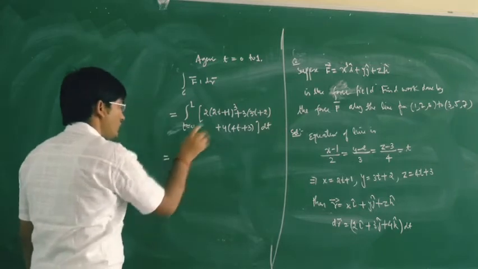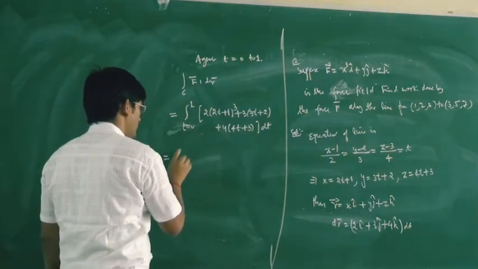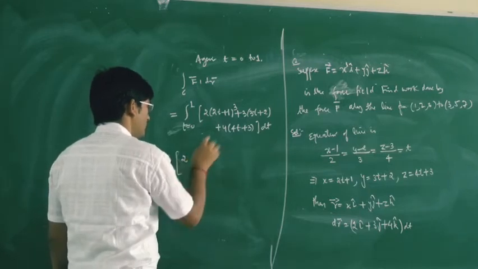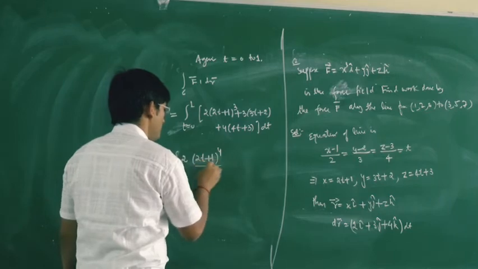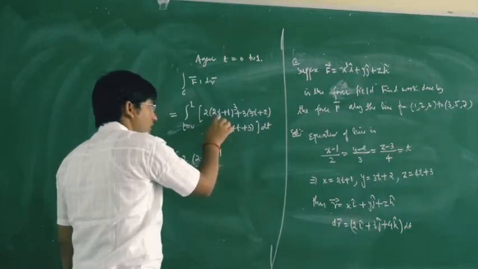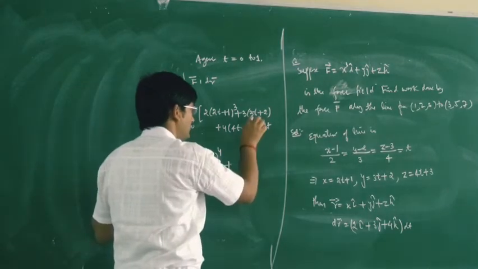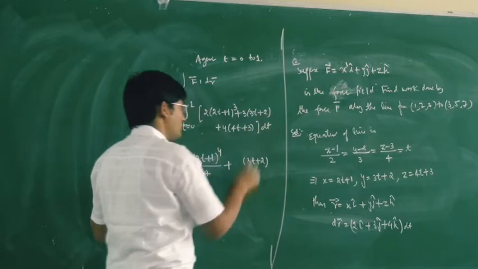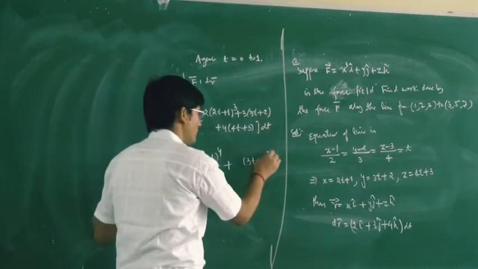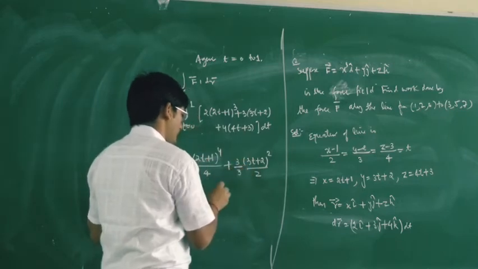Now the integration of (2t plus 1) power 3 will be equal to (2t plus 1) power 4 upon 4, and then for the integration of the bracket 2t there will be 1 by 2. And here we will have the integration of 3t plus 2: (3t plus 2) whole square upon 2, and then the integration of 3t will give 1 by 3.